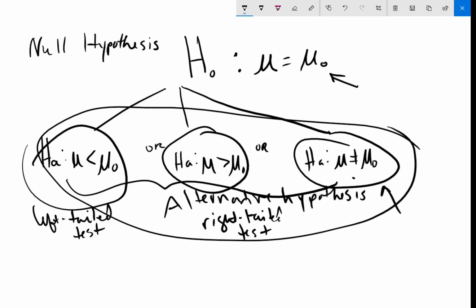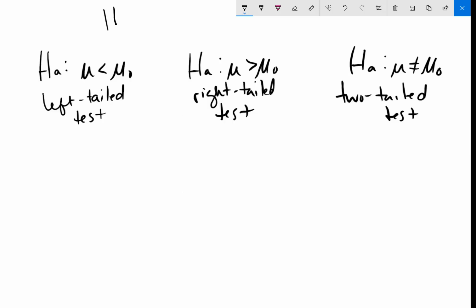And this one's called a 2-tailed test. And why is that? Because that's where my eye should go. The null hypothesis is always mu equaling the value. You always have an equality in the null hypothesis. You will never have an equality in the alternative. It's always less than, greater than, or not equal to.